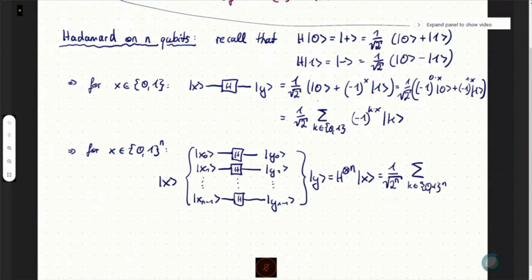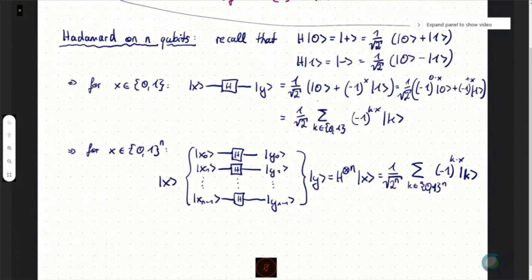You can write it as a sum over, first of all, now we have a different normalization factor because we don't have two different states, but we actually have a superposition of all 2 to the n bit strings. So we need to write 1 over square root of 2 to the n. Then we sum over all these 2 to the n bit strings, which is k in {0, 1} to the power n, of minus 1 to the power k times x, and then all states k.